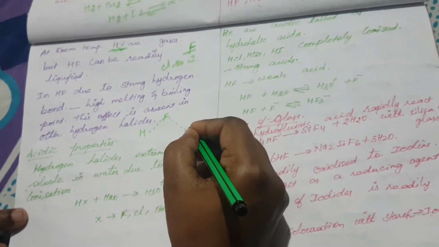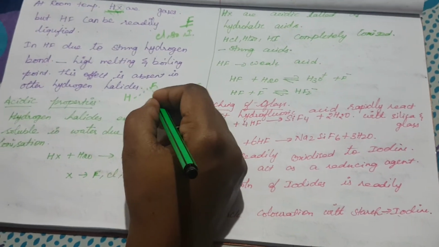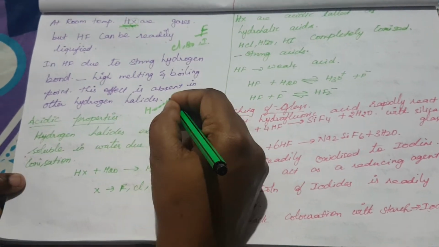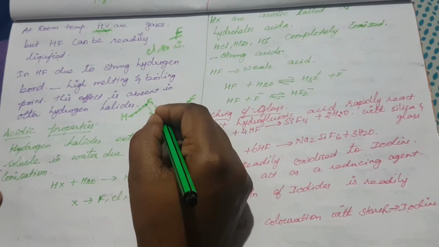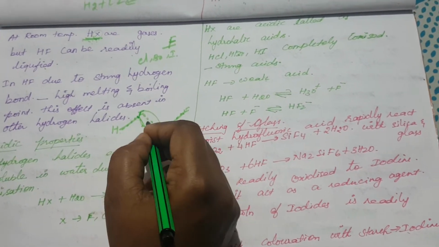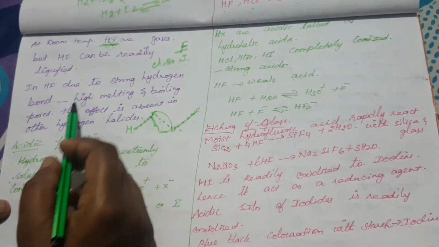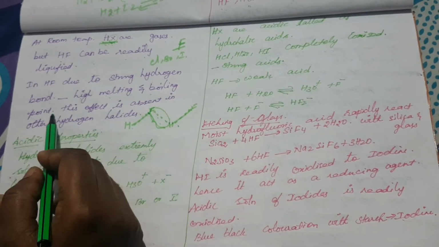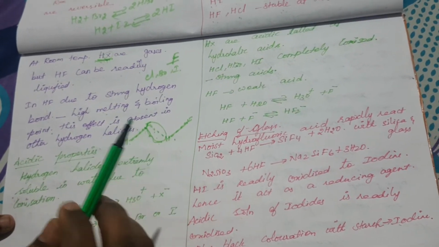The dotted line is the hydrogen bond between the hydrogen and fluorine. Due to this hydrogen bond, hydrogen fluoride has a high melting point and boiling point.